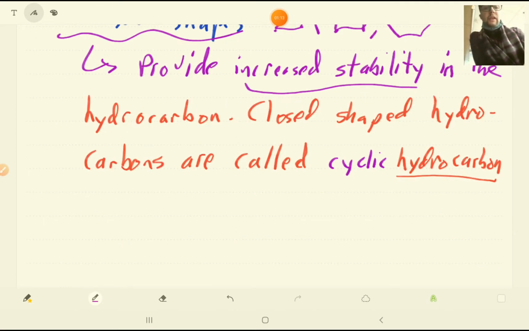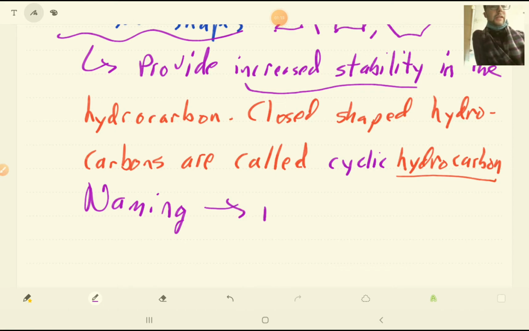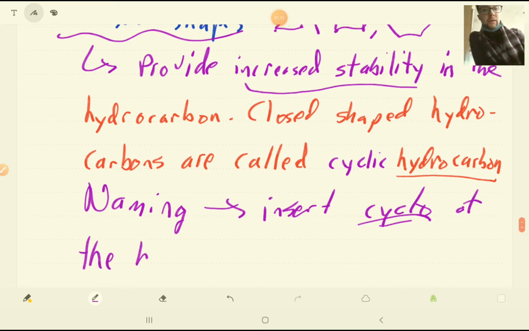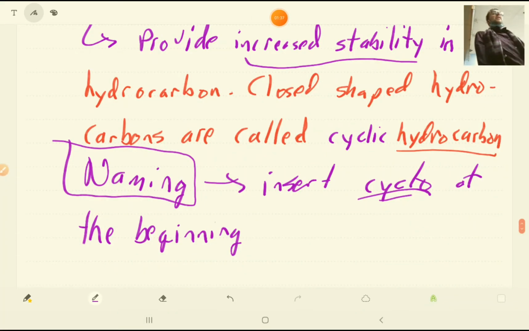And in terms of naming, you just insert cyclo at the beginning. And so let's say the compound has 4 carbons.